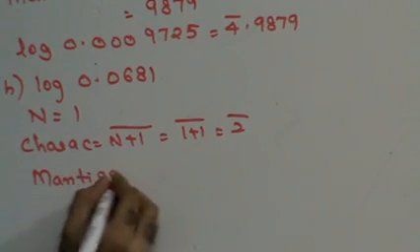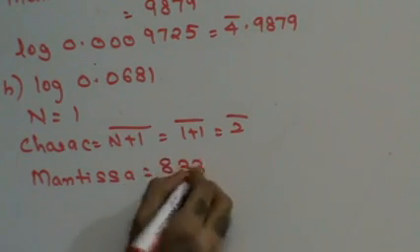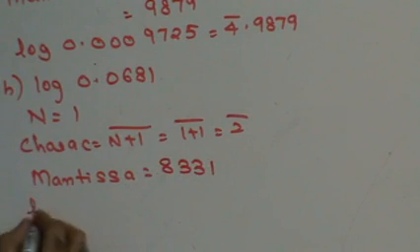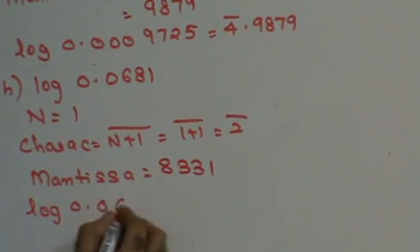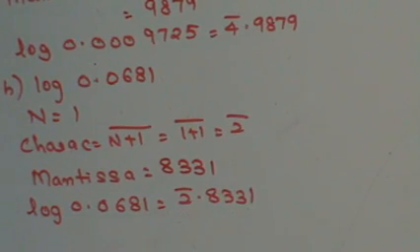Mantissa. 68 1. 68 1 is going to be 8331. Right? Therefore, log of 0.0681 is 2 bar 0.8331. Fine, do we get this thing clear?